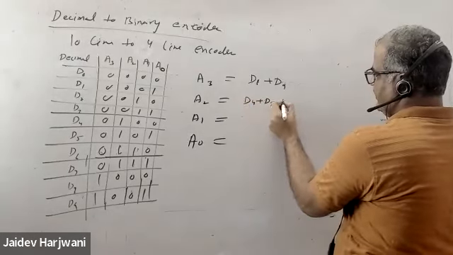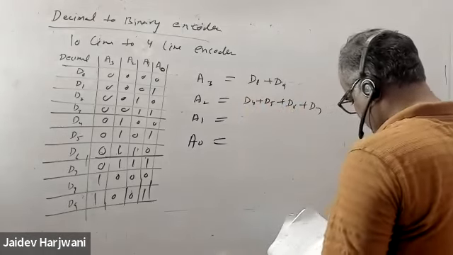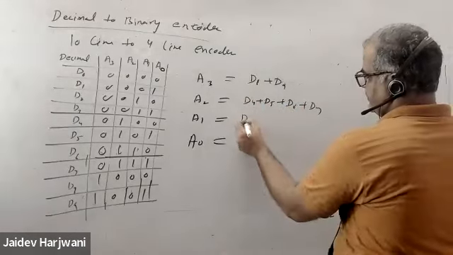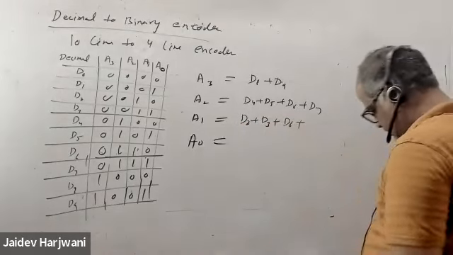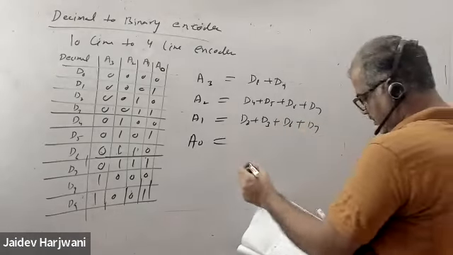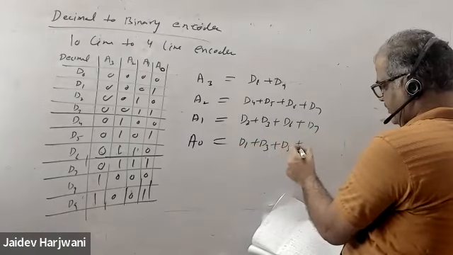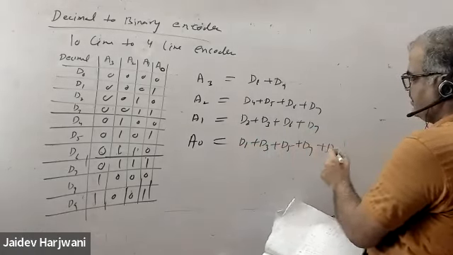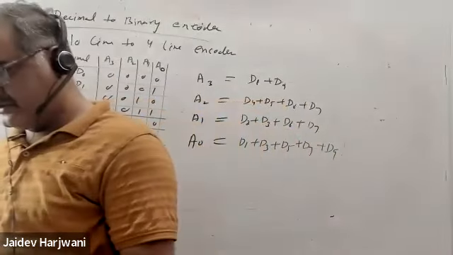And A1? D2, D3, D6, D7. And A0 will be D1 plus D3 plus D5 plus D7 plus D9. So these are the functions.